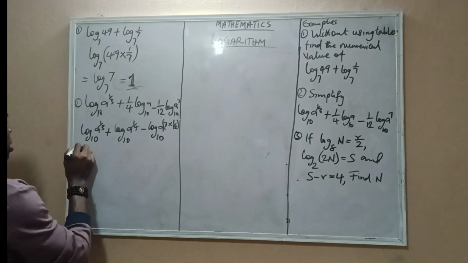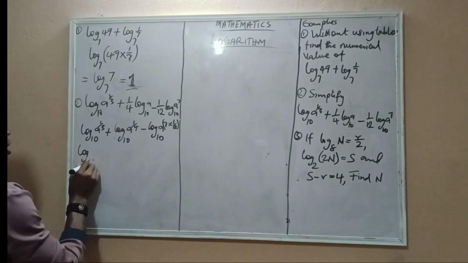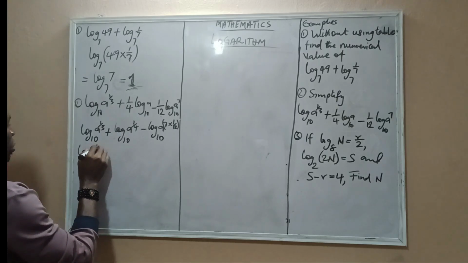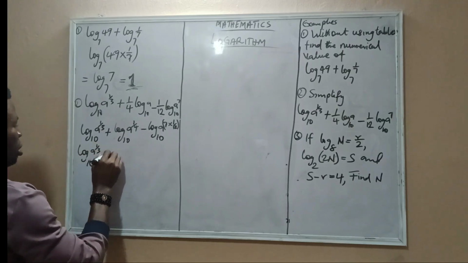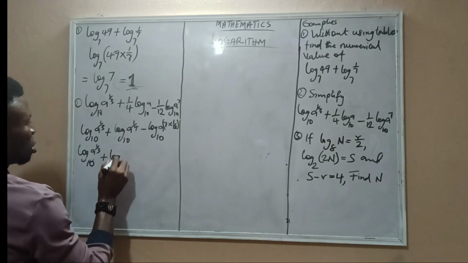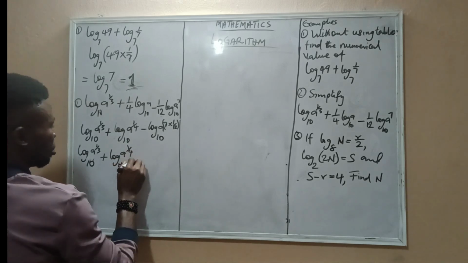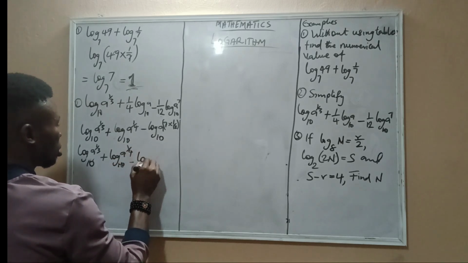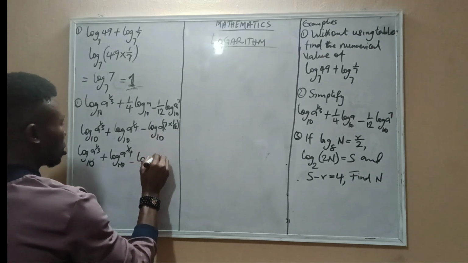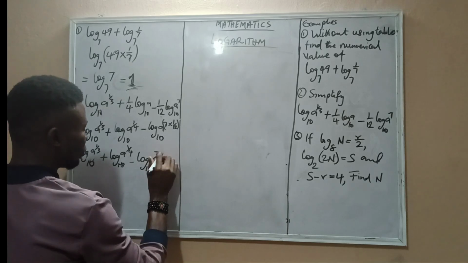And this is the same thing as log to the base 10 of a to the power 1 over 3 plus log to the base 10 of a to the power 1 over 4 minus log to the base 10 of a to the power 7 over 12.